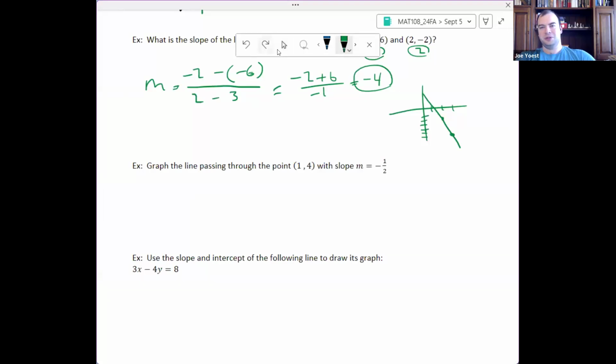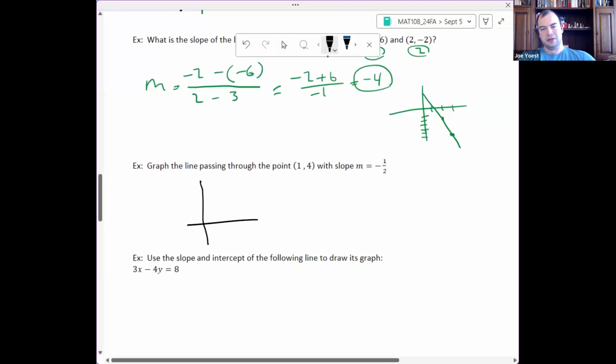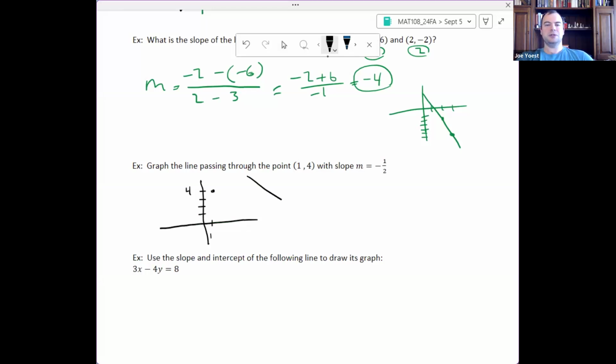Okay, what if we want to graph a line using a point and a slope? So graph a line through the point 1 comma 4 with slope of negative 1/2. So this is my point of interest, 1 comma 4. Now, if the slope is negative 1/2, I know that I'm going to be going downwards like this, not upwards like that.